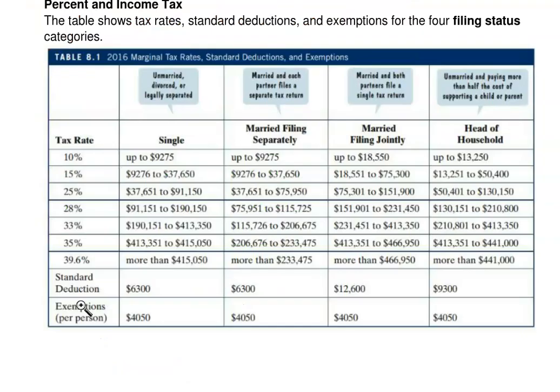All right. Okay, so now that we've determined our taxable income, not our gross income, we've determined how much of our income is going to be taxed. Right? Now we have to determine how much taxes we owe.